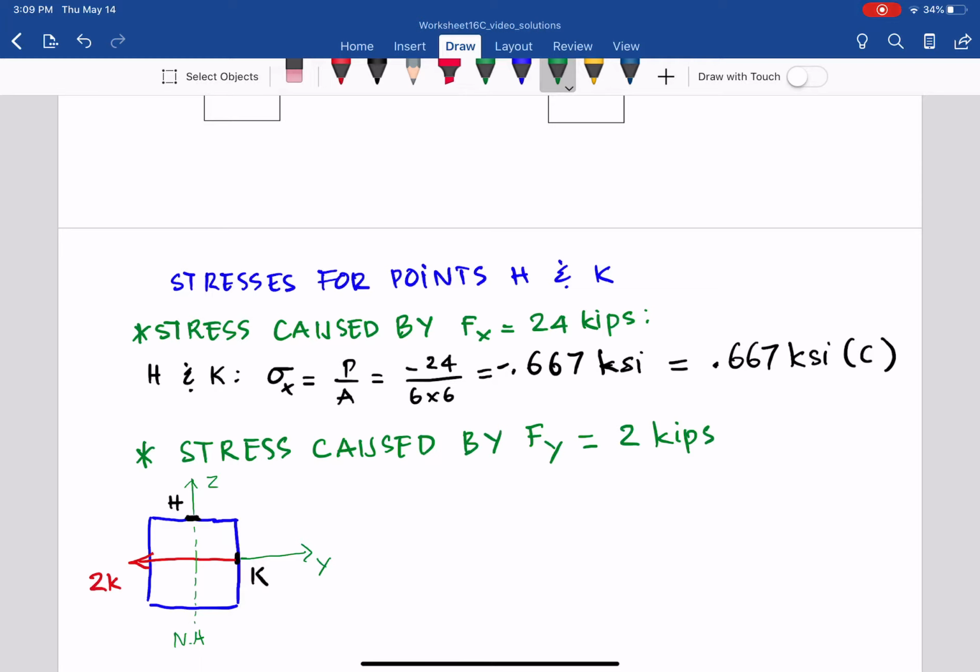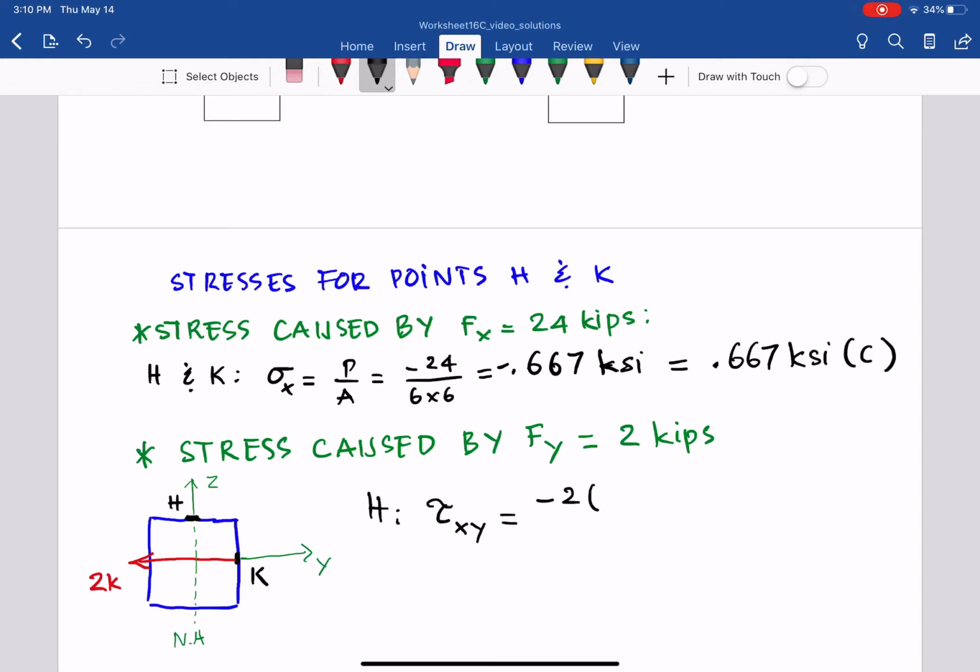That creates the maximum transverse shear stress at H and 0 at K, you see there. So for H we have the maximum, tau on the x plane in the y direction and in the negative. So as you can see, tau xy equals negative 2 times Q.